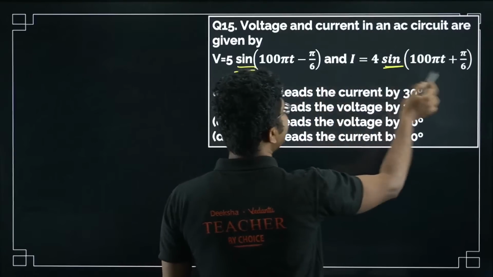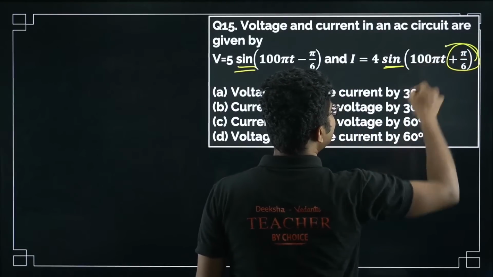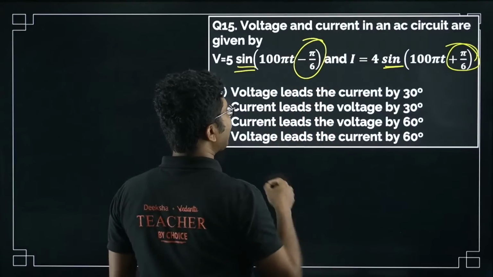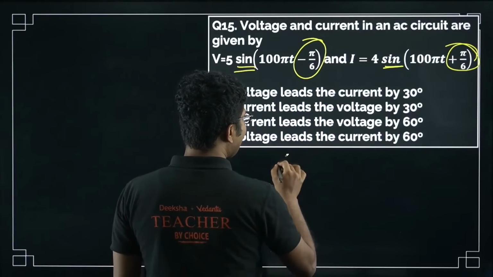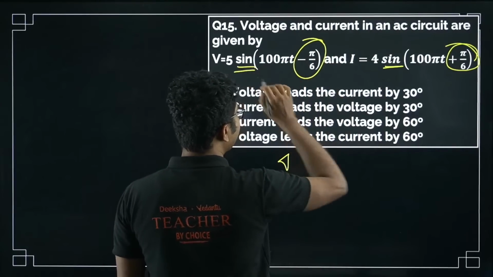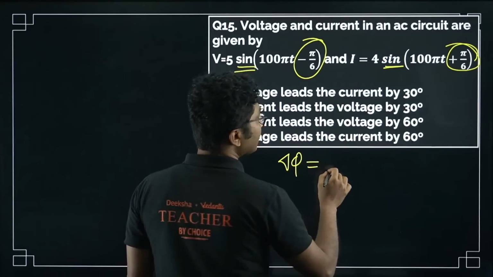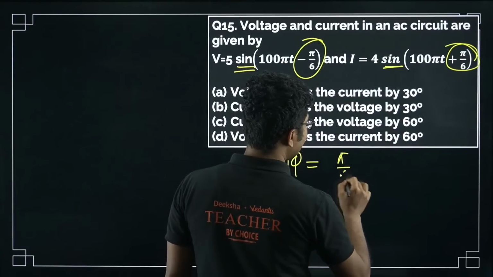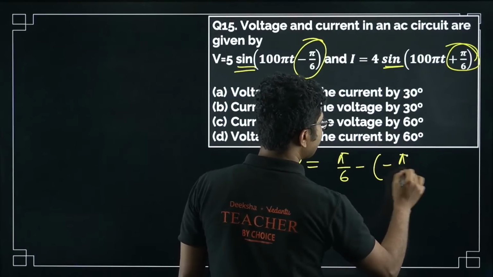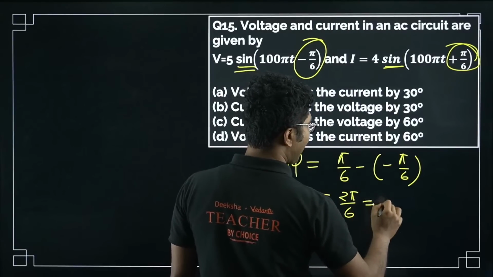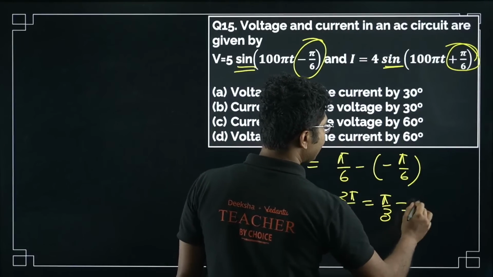Now you can see that current is leading by π/6 and voltage is lagging by π/6. So what is the total lag? Total lag of voltage with respect to current is Δφ equals π/6 plus π/6, which is 2π/6, that is π/3. π/3 means 60 degrees.